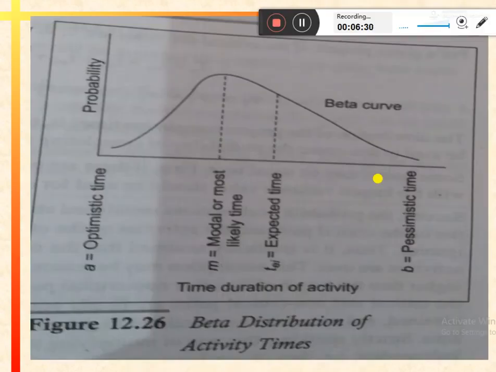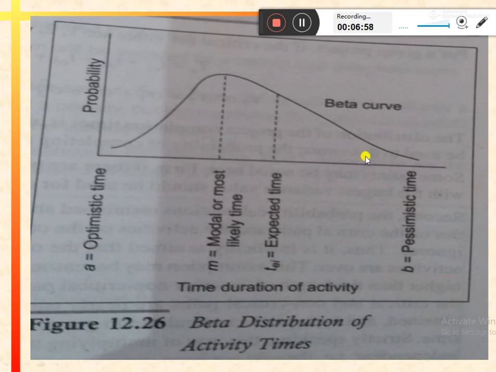These three estimates of activity times generally follow the beta distribution. As you can see in this graph, the y-axis represents the probability and the x-axis represents the time duration of the activities. On the left side, it is the optimistic time, which has very less probability.